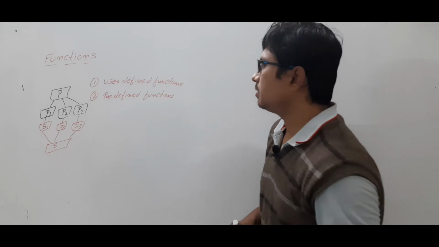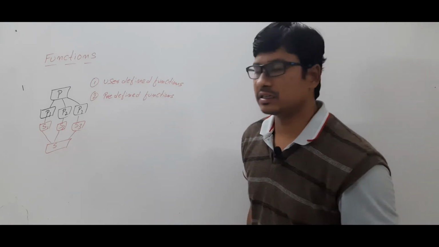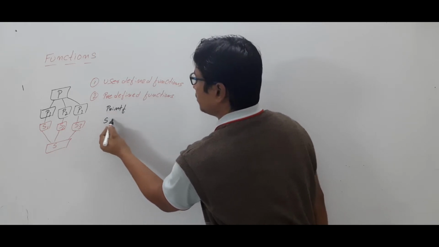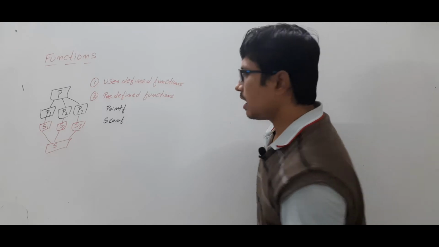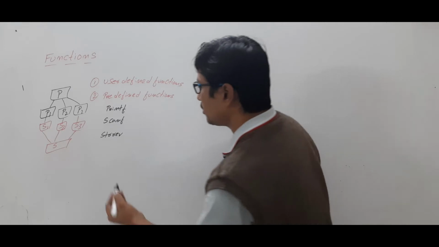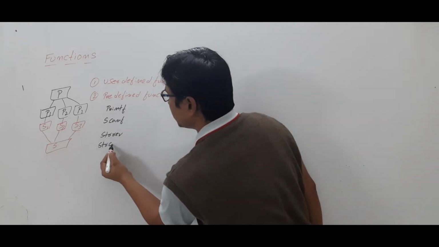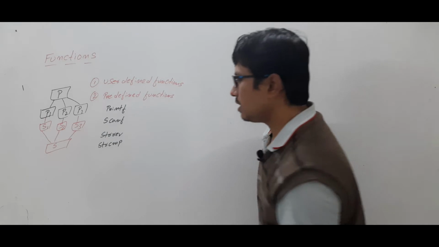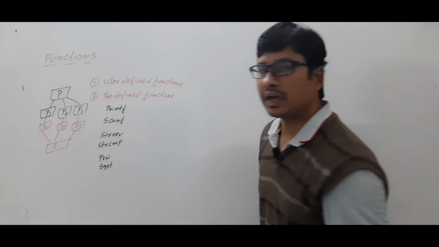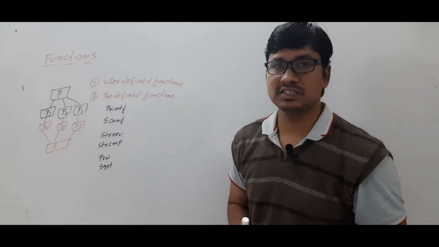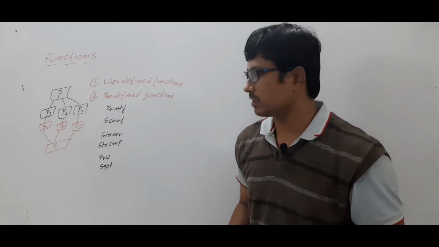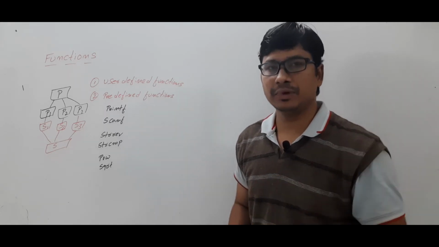Now the predefined functions we already discussed, and we have used certain functions such as printf, we have discussed scanf, and we have strrev to reverse the string and strcmp to compare two strings. And we have the power function, we have the square root function. Like that we have various predefined functions because C is a robust language which has rich inbuilt functions and operators.